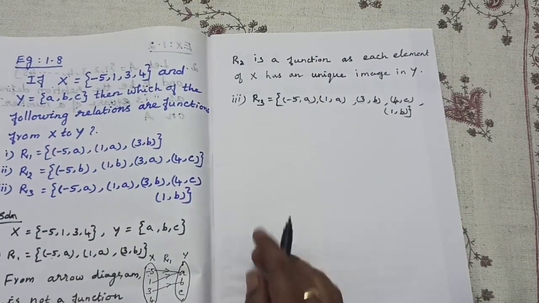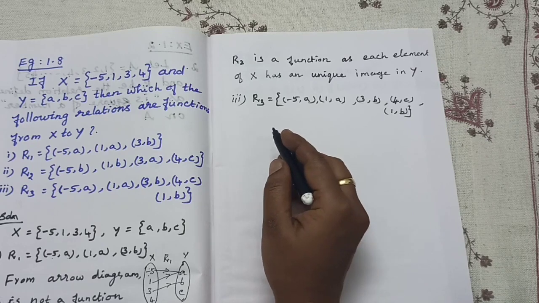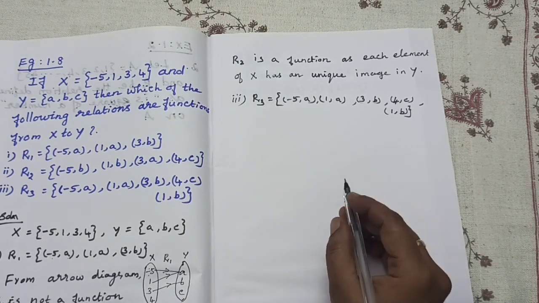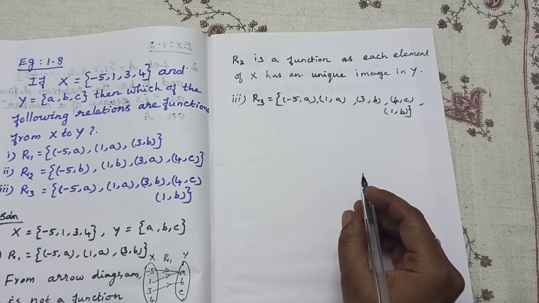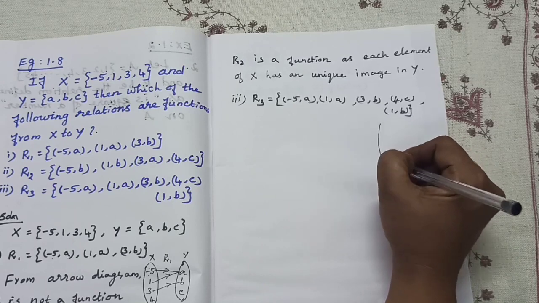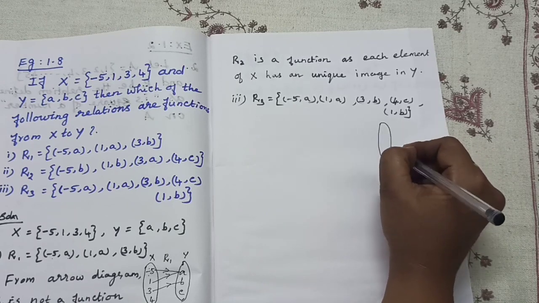Then here we have to check, by representation, represent the relation R3 in an arrow diagram.